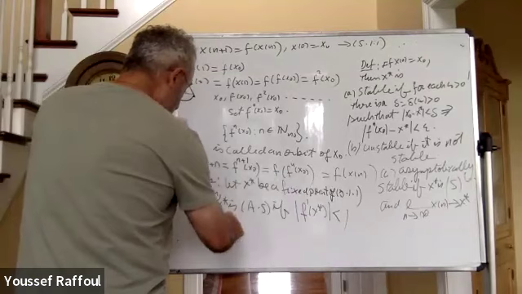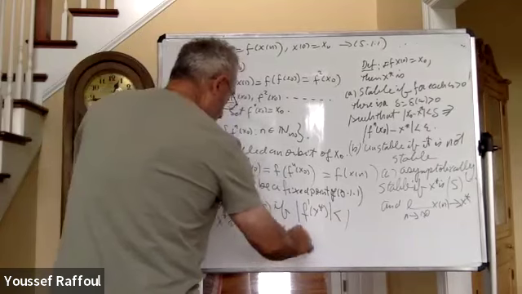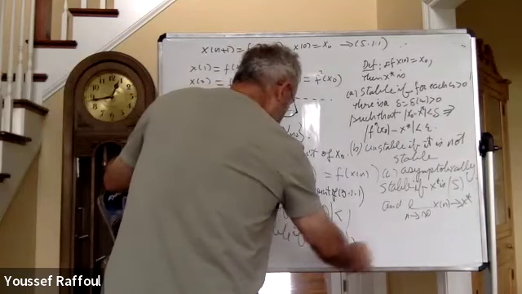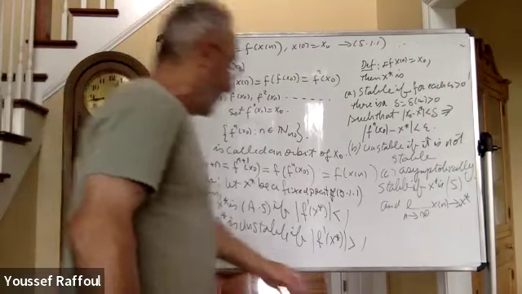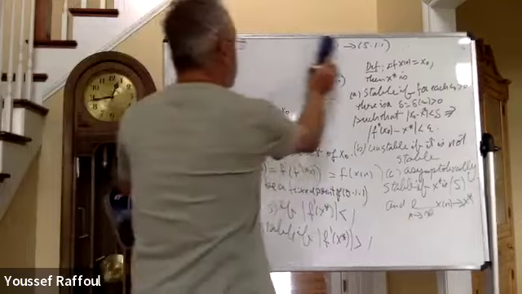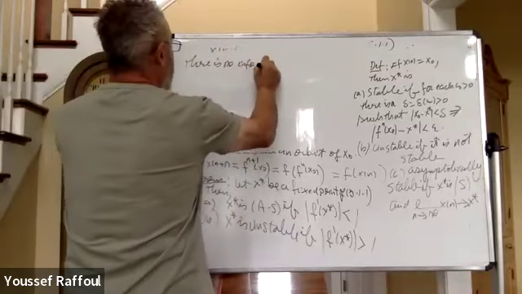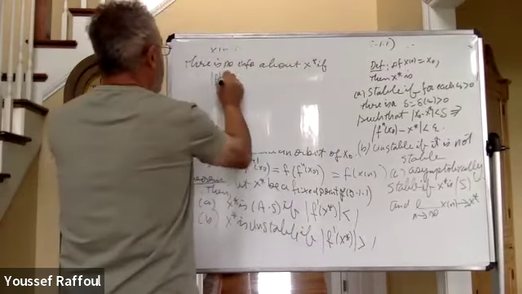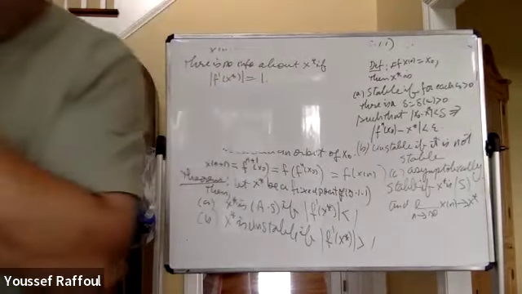B, x* is unstable if |f'(x*)| is bigger than 1. Okay? There is no information about x* if |f'(x*)| equals 1. Okay?